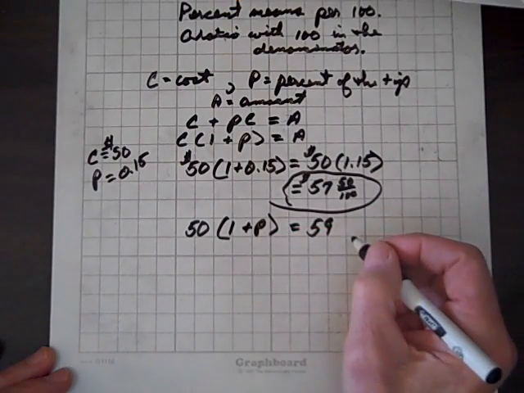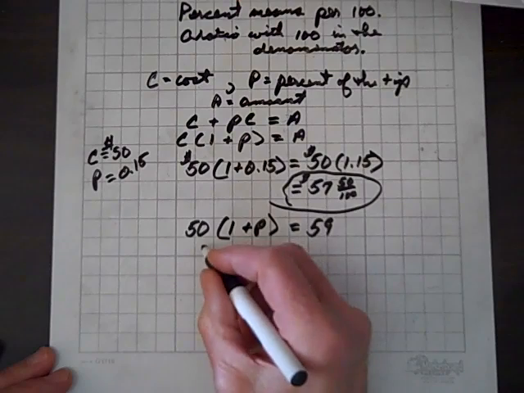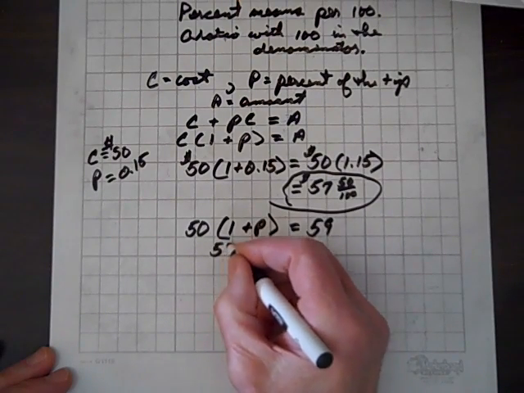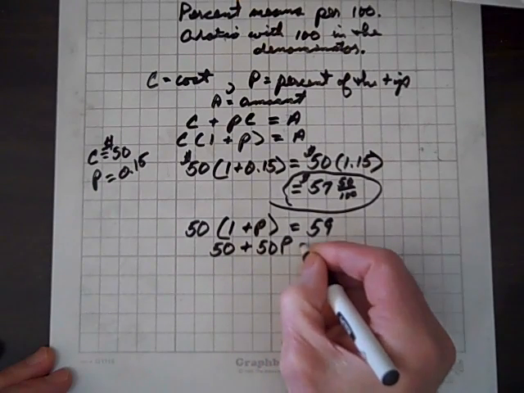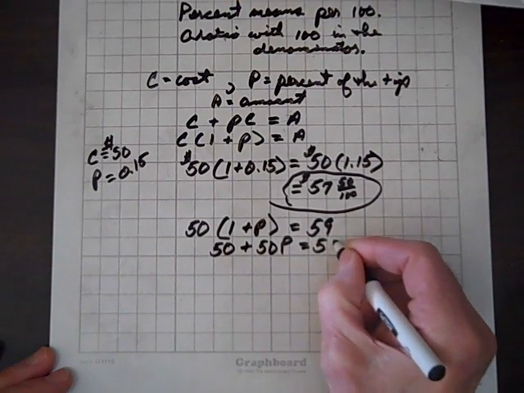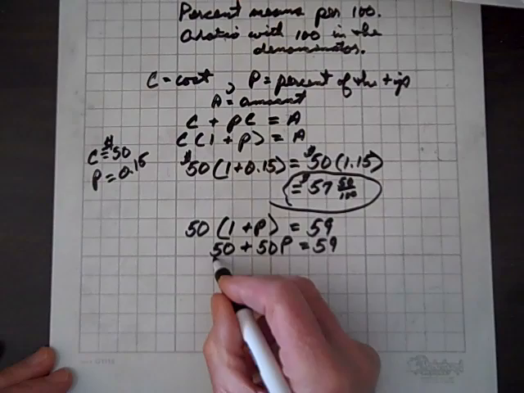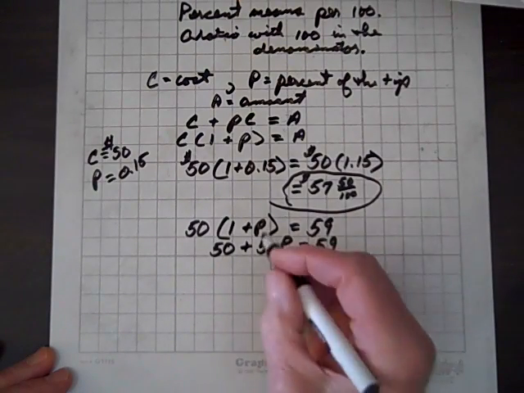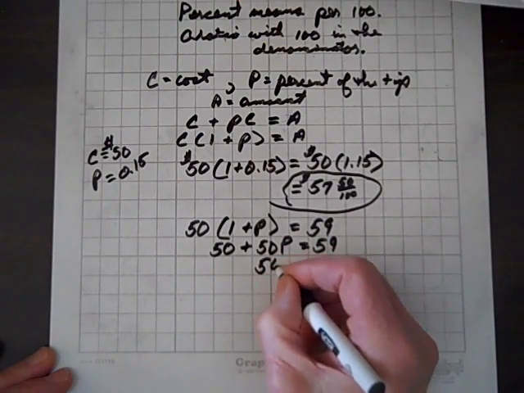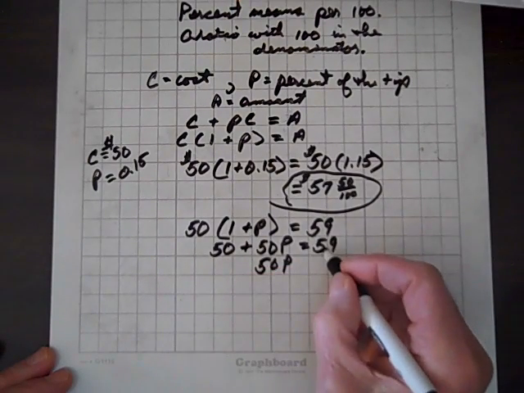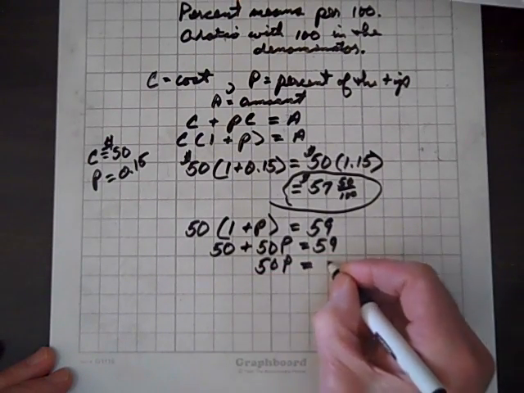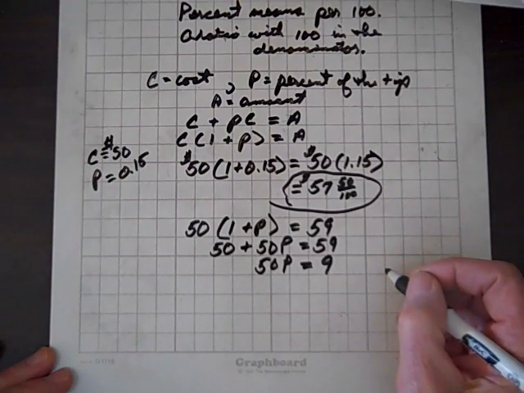And we've got to find the percent of this tip. Well, let's distribute that 50, and we get 50P equals 59. Now we'll subtract this 50 from both sides. So we still have 50P here, and 50 from here is 0. 50 from 59 is just going to leave us $9, isn't it?